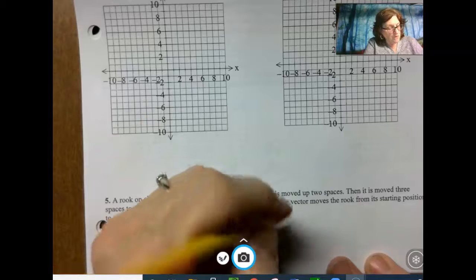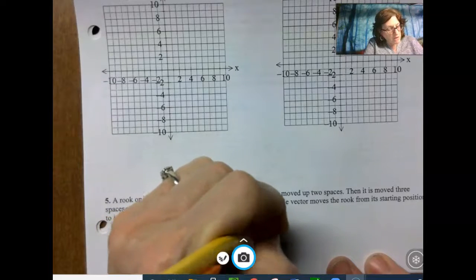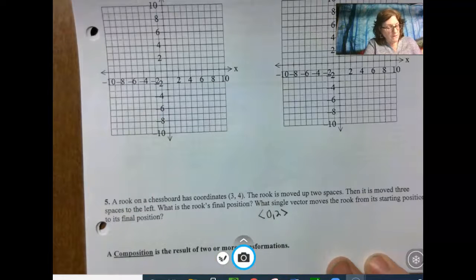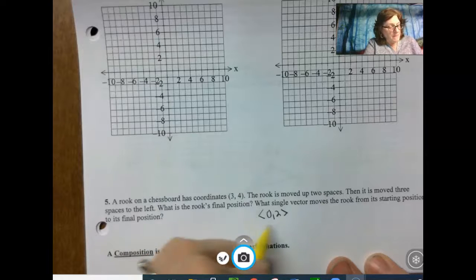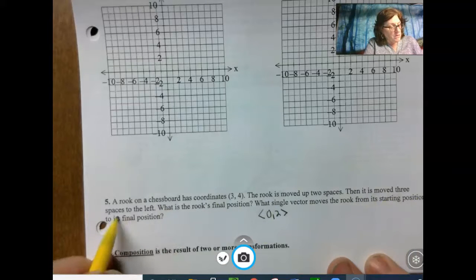That vector, hopefully you got, was <0, 2>, if I'm moving up 2 spaces. And then I move 3 spaces to the left. So 3 spaces from here, I'm moving in a negative direction.